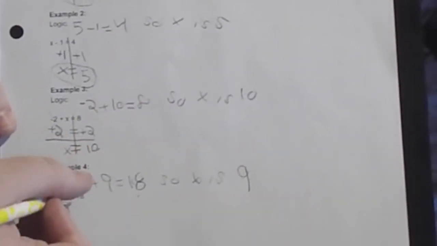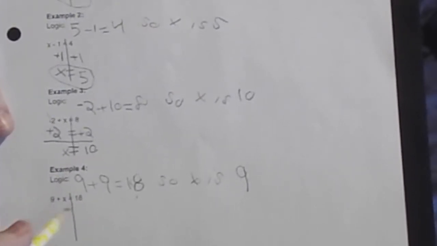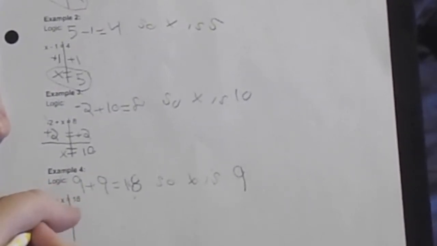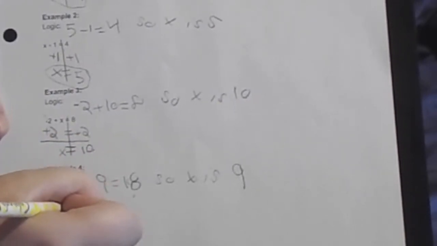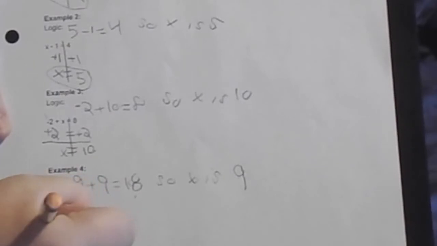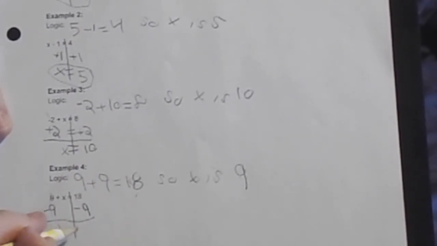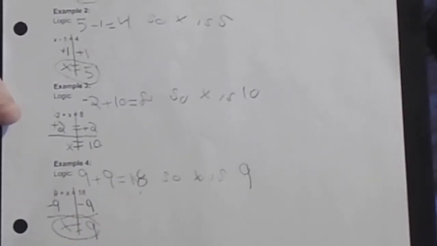However, if I didn't know that mathematically, I can draw a line where the wall is at the equal sign and make my wall. On the left is 9 with x. It's a positive 9. So to get rid of a positive, I subtract it away. And then I have to do it on the right-hand side too to keep it equal. Now 9 minus 9 is 0. So I'm just left with the x on the left equaling 18 minus 9, which is 9. So x is 9.